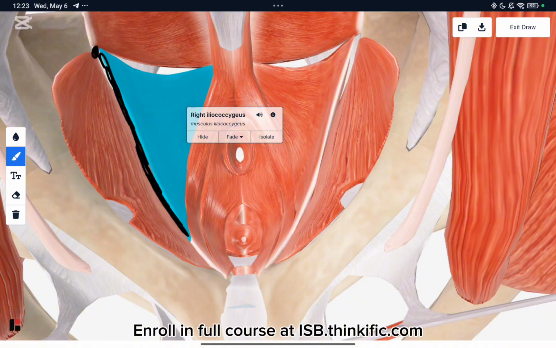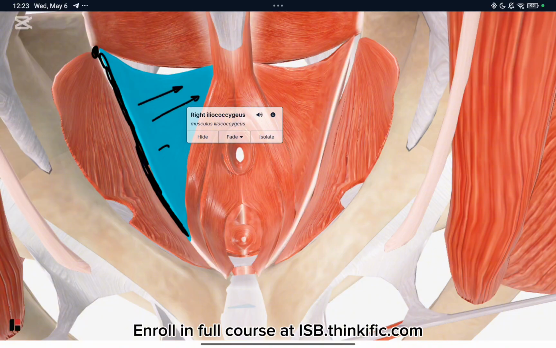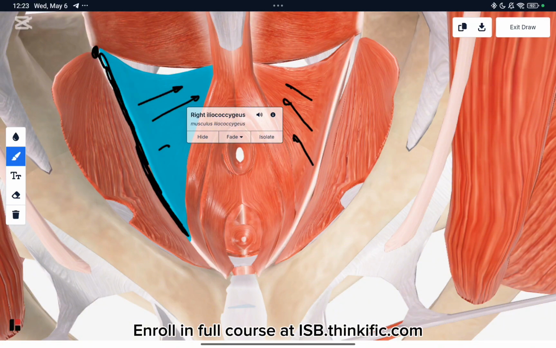It descends downward, so it's coming off of the obturator fascia, and then it descends down. The other side descends too, and they meet each other behind the anus in a midline raphe.